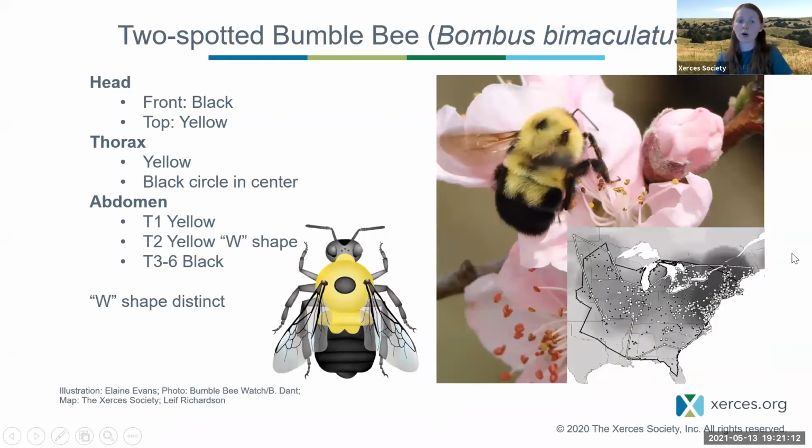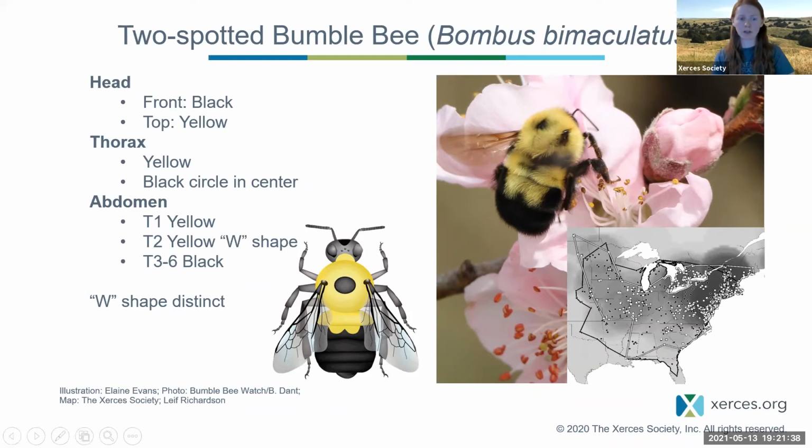Then we have the two-spotted bumblebee, or Bombus bimaculatus. This one can be confused with Bombus impatiens, or the common eastern that we just looked at, but this species has a little bit more yellow coloration on the second abdominal segment. So the thing to look for in Bombus bimaculatus is that yellow W shape on T2.